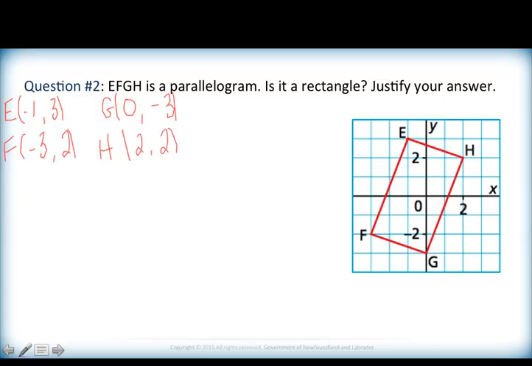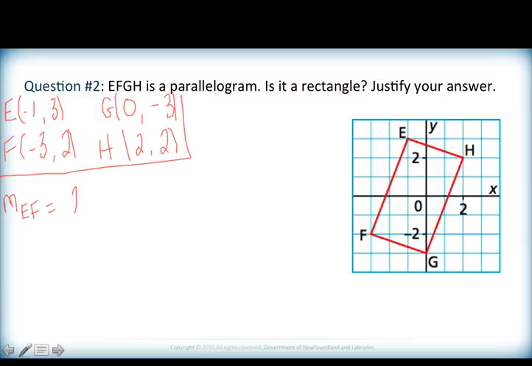So what we're going to do now, we're just going to put a little box around these coordinate points. We're going to use them to find our slope. First, we're going to find the slope of E to F, because we have to compare our sides EF and GH. We're going to use our slope formula, y2 subtract y1 divided by x2 subtract x1. So E and F, we're going to use these two coordinate points.